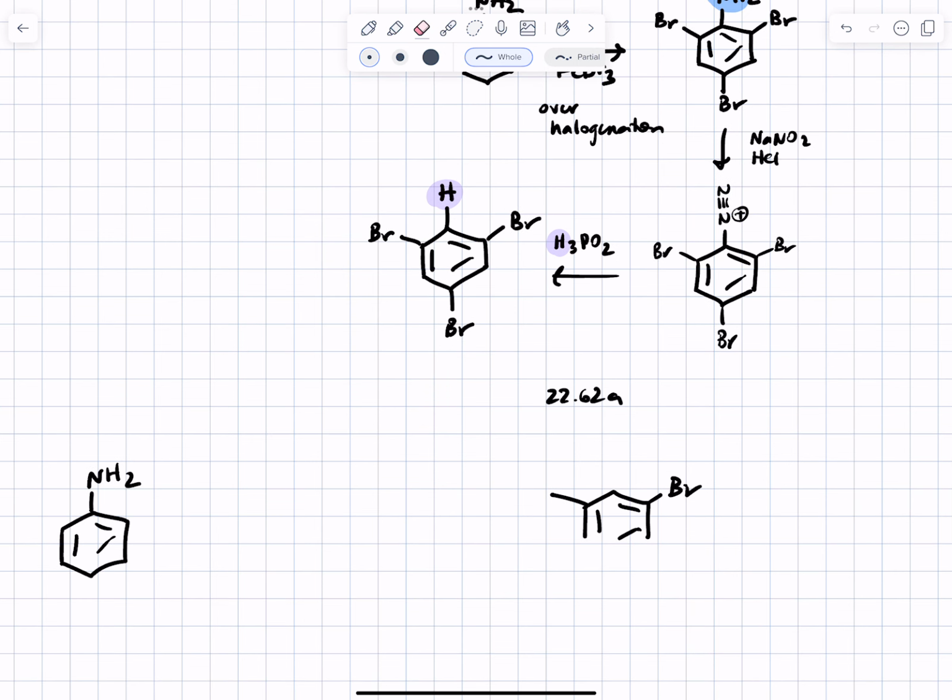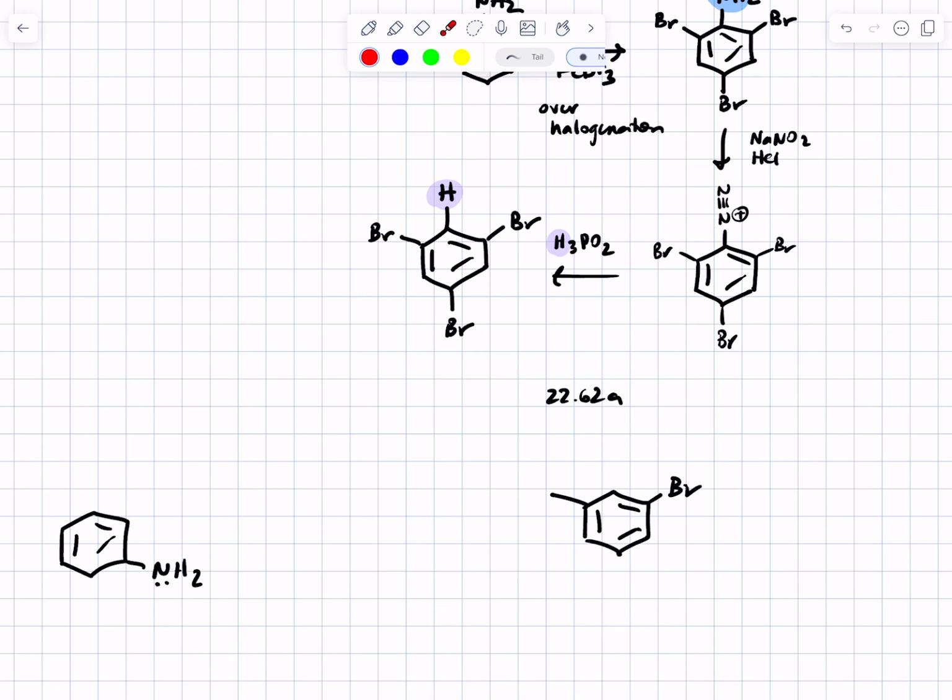So just real briefly, to make the point, I'm going to just try to keep the rings in the correct orientation. How would you install a bromo group? How would you install a methyl group? By the Friedel-Crafts reaction for the methyl group.